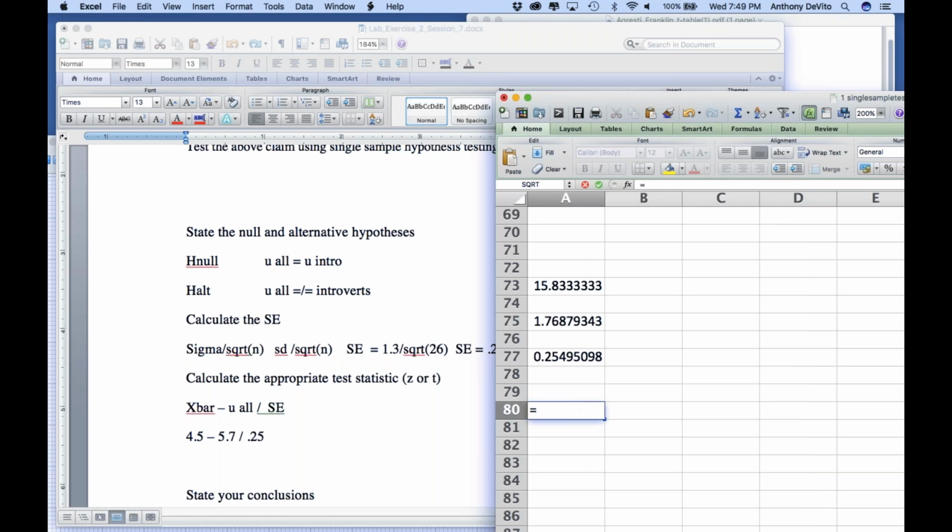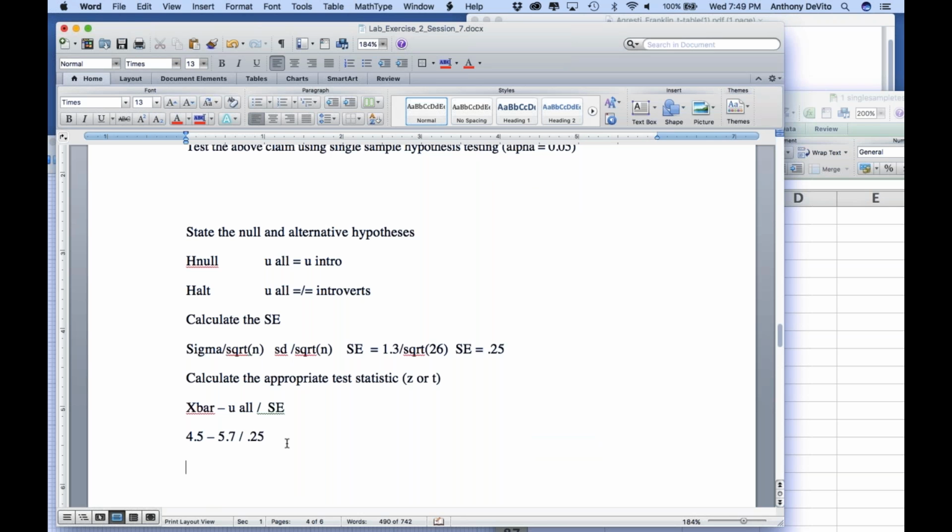4.5 minus 5.7 is minus 1.2. The sign's going to be irrelevant, by the way. Minus 1.2 divided by my standard error, 0.25. So what's my t-score? My t is equal to negative 4.8.